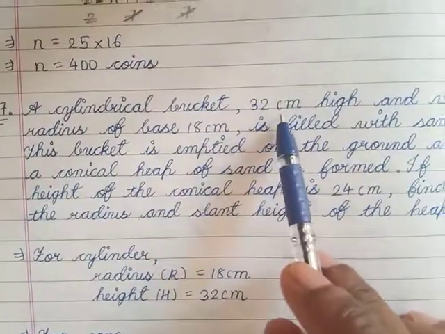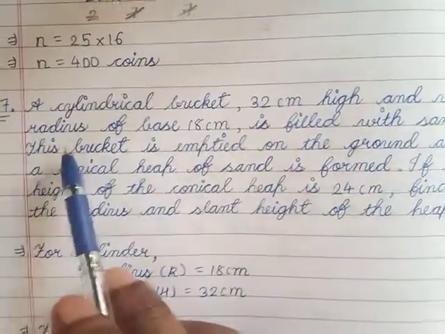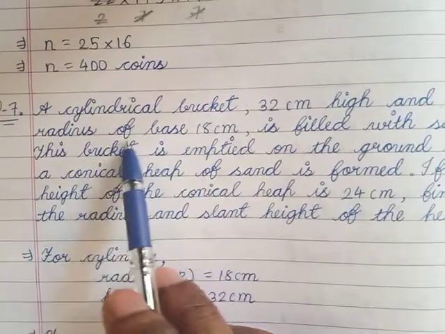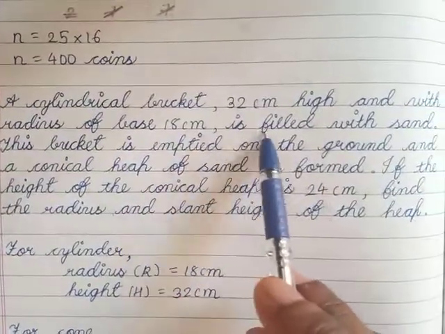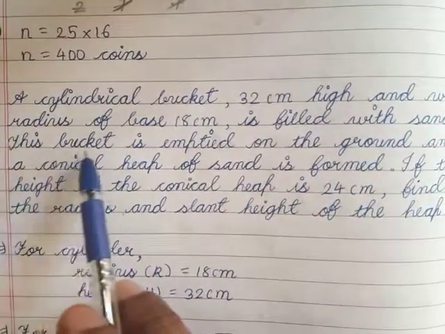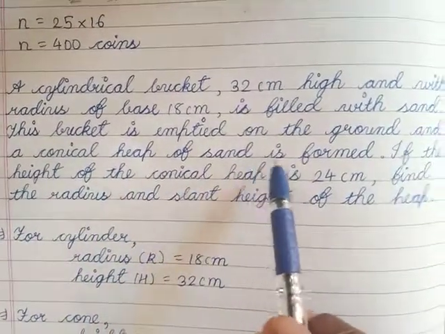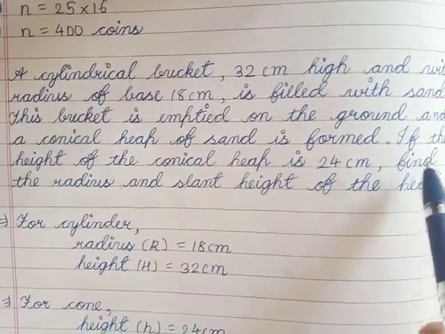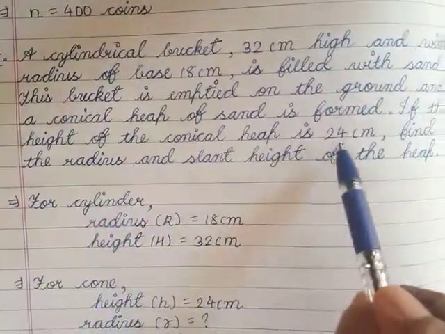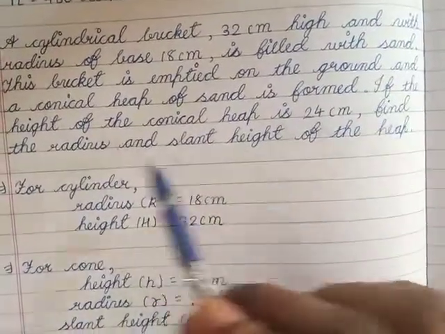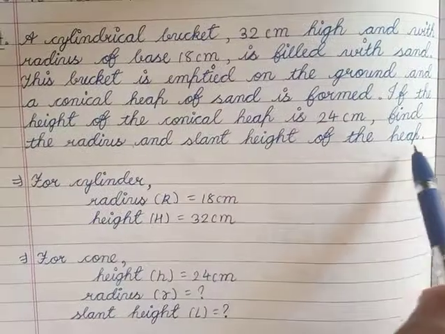A cylindrical bucket of 32 centimeter height and base radius 18 centimeter is filled with sand. This bucket is to be emptied on the ground and a conical heap of sand is formed. If the height of the conical heap is 24 centimeter, find the radius and the slant height of the heap.